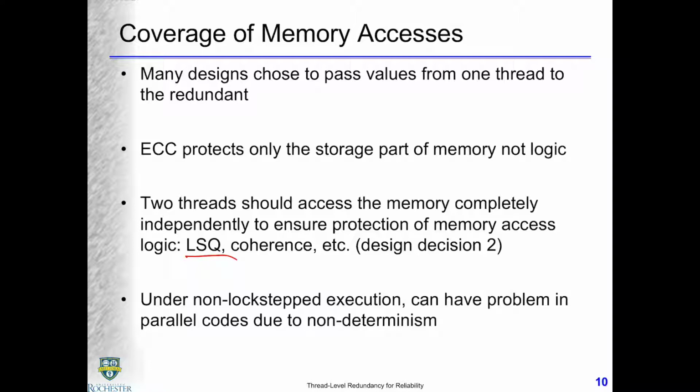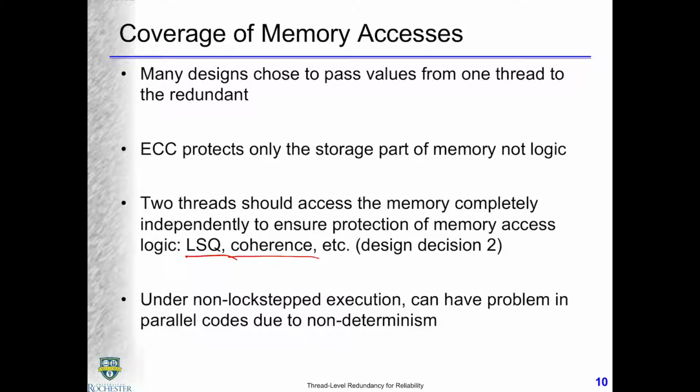If the logic is not protected, then you're in trouble. So we believe that with memory accesses from 2 different threads, and there was a proposal in the past that says just let one thread pass all the memory accesses to the other, then you're really bypassing all of that logic. The coherence logic, the LSQ, all of that is not being protected. And that's a big part of modern microprocessors.